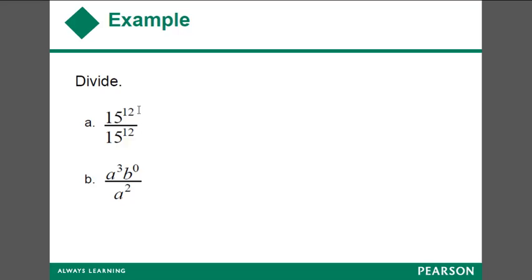Well, 12 minus 12 is 0, so 15 to the 0 will be 1. On part B, I have a to the 3rd, b to the 0, divided by a squared. Well, b to the 0, that just becomes 1. And so I'm left with a to the 3rd divided by a squared, and I do 3 minus 2, which will be a.